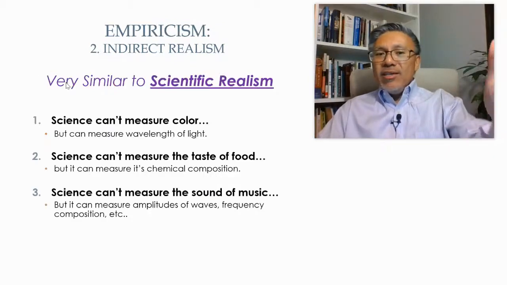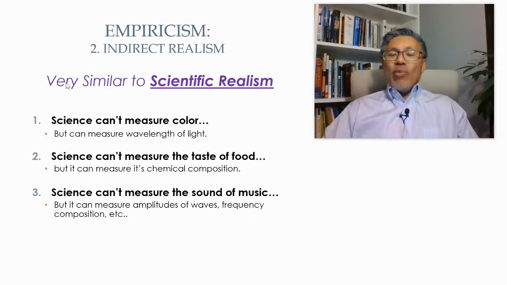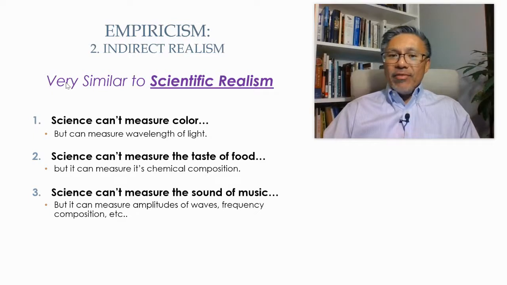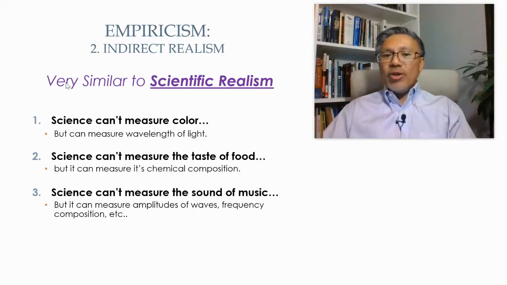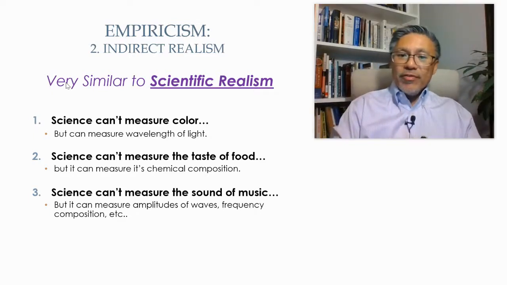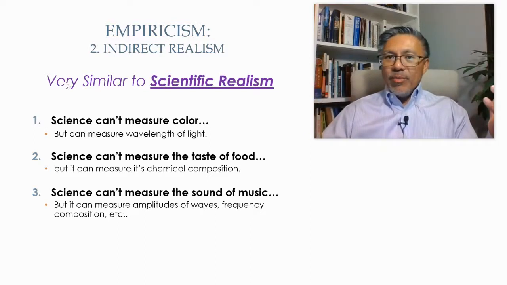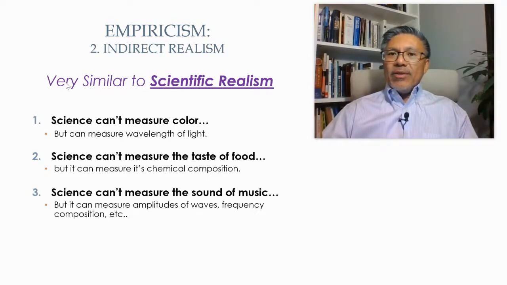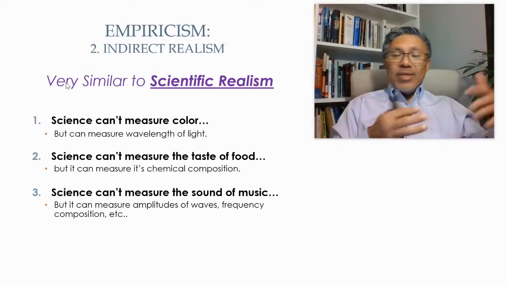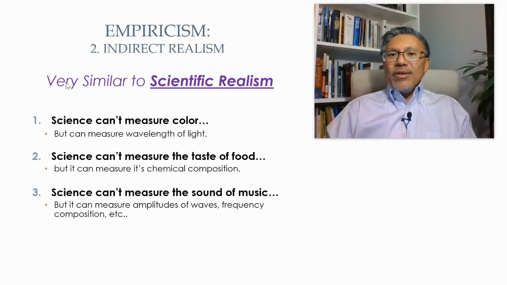So all of these things you can know about reality. You can know about the wavelength of the light reflecting off my shirt. You can know the chemical composition of the food. You can know the frequency composition of a piece of music, right? Those primary qualities you can know through experience. You know through tests, through your senses, through a lab. This is empiricism.